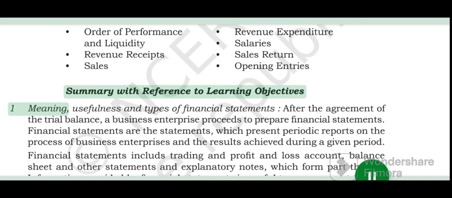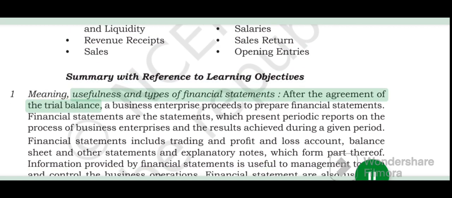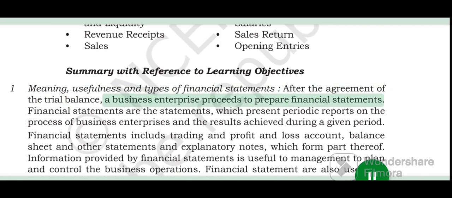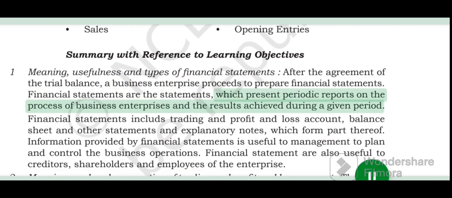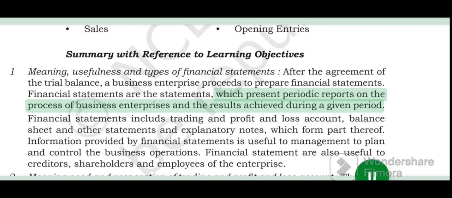Summary with reference to learning objective of financial statements. After the agreement of the trial balance, a business enterprise proceeds to prepare financial statements. Financial statements are the statements which present periodic reports on the progress of business enterprises and the results achieved during a given period.